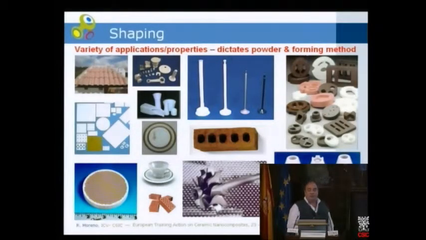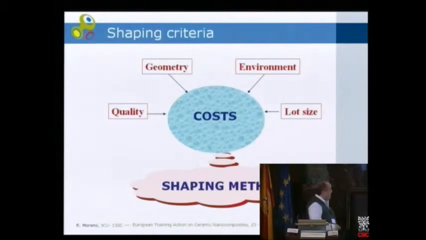Well, shaping is necessary because in any device or application, we need a final component with a certain shape and a certain geometric complexity. These are all the possibilities, many of them, and every application has different requirements, as we will see now.